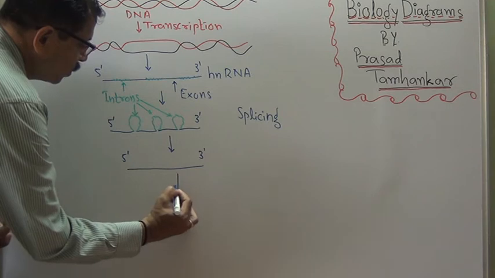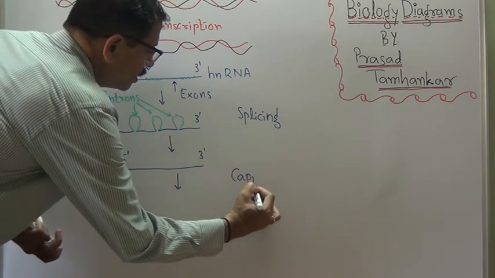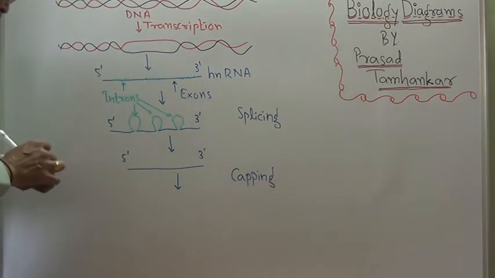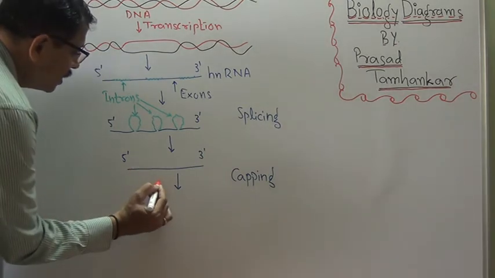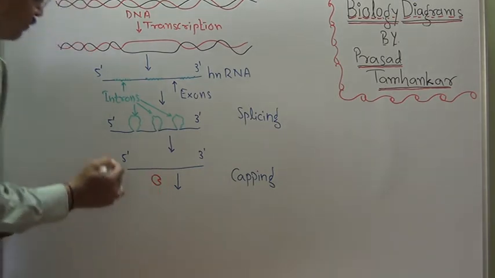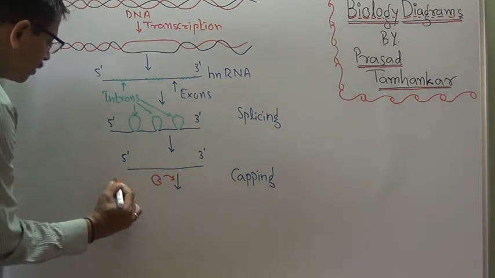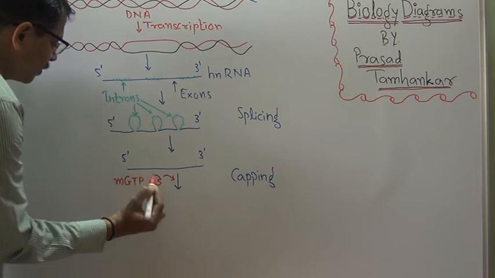Second process it follows is known as capping. Capping is an event where addition of MGTP will be done at the 5' end. So this is, suppose, MGTP, methyl guanosine triphosphate.